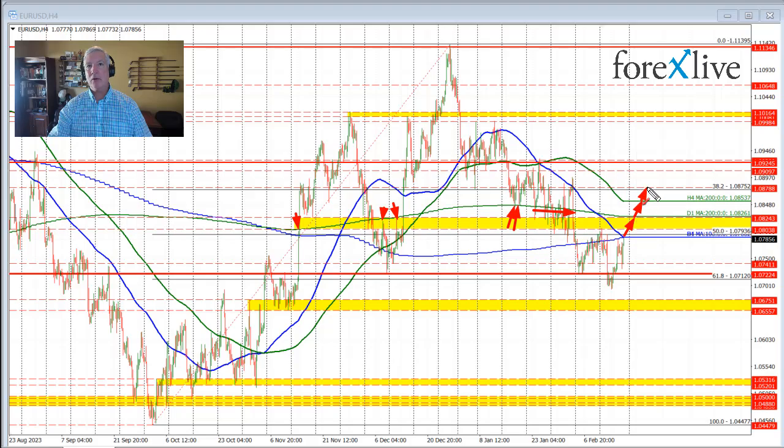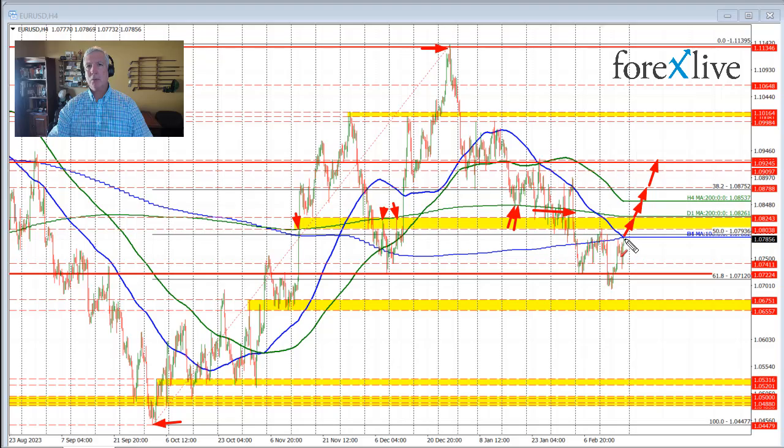Following that, we go up to the 38.2% retracement, a broken 38.2 of the same move to the upside. That level comes in at 1.0875. After that, we look toward the 1.0925-ish level, maybe between 10 and 25, on the top side as the next key target for the upside bias.